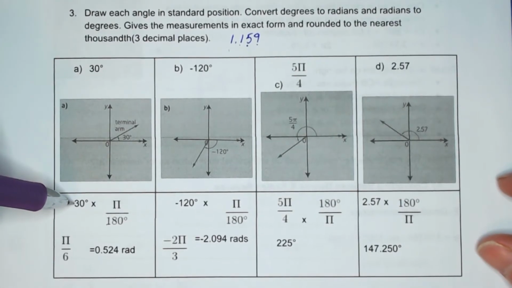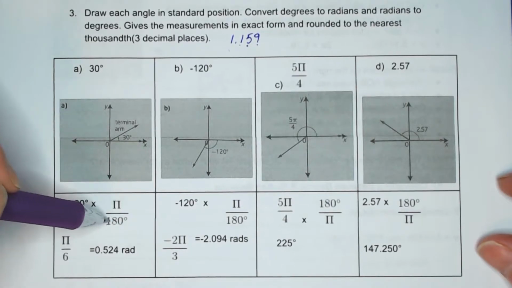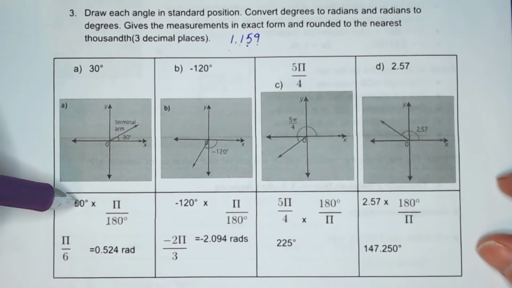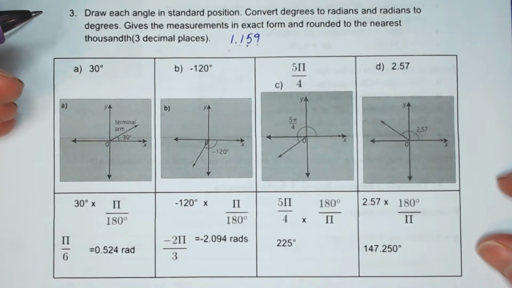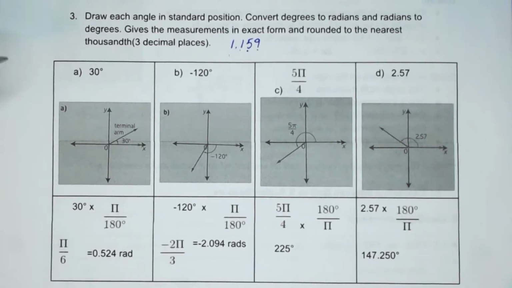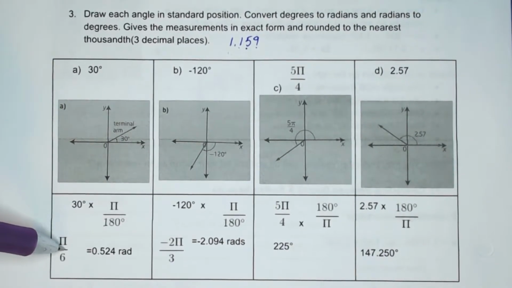So when we do that, we have 30 over 180, or 3 over 18, which is equal to 1 over 6. You don't have to do a lot of work here except for reducing your fraction. So at the end of it, you're going to get pi over 6, or 3.14 divided by 6, which is equal to approximately 0.524 rads.